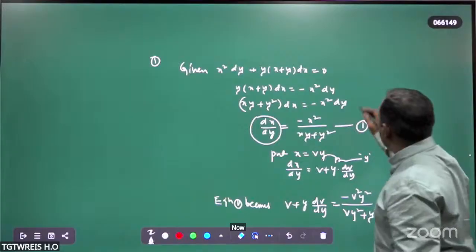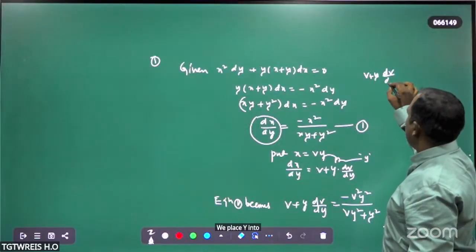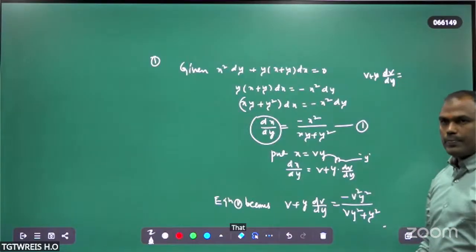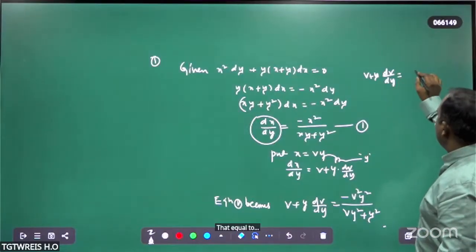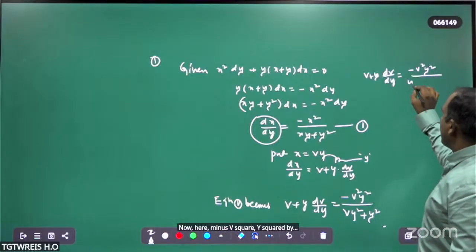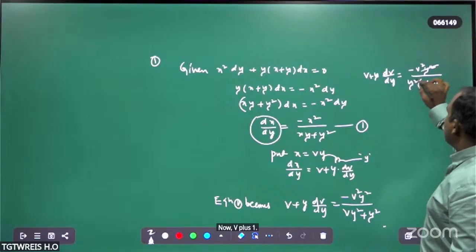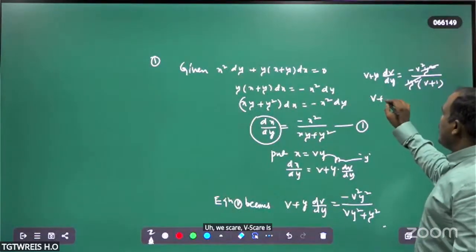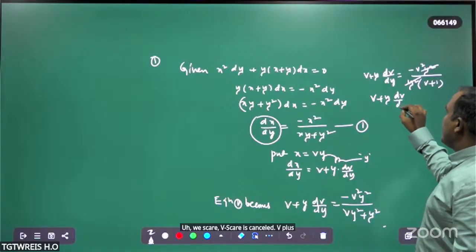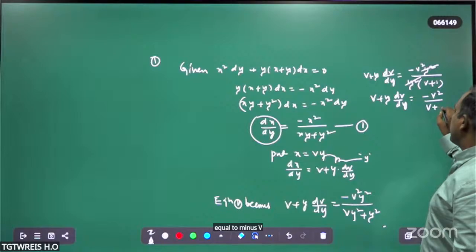Now y square is taken common. Now v plus 1; v square is cancelled. V plus y into dv by dy equals minus v square by v plus 1.